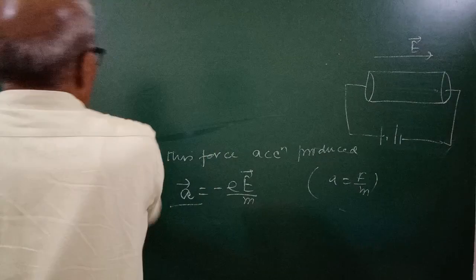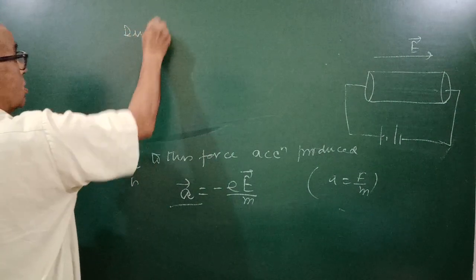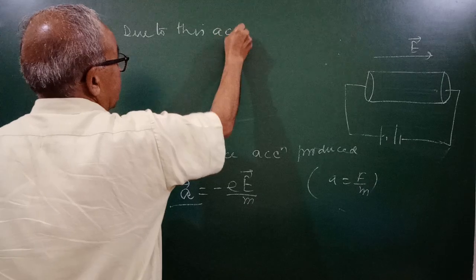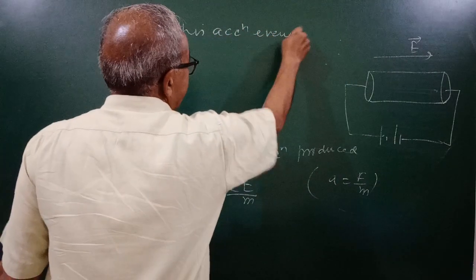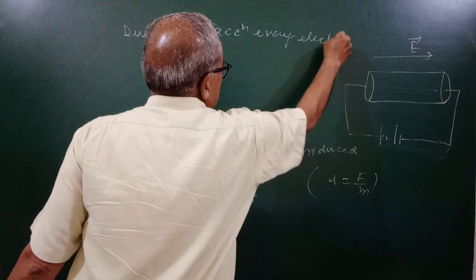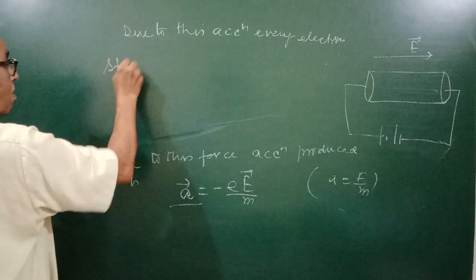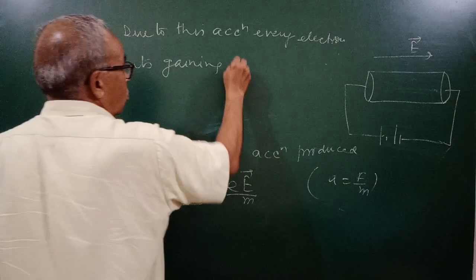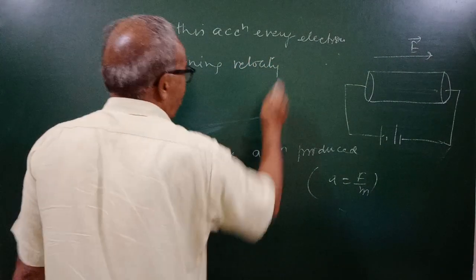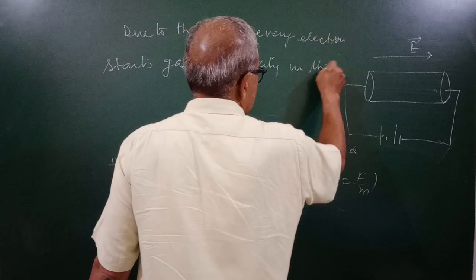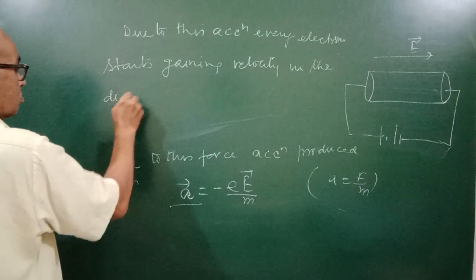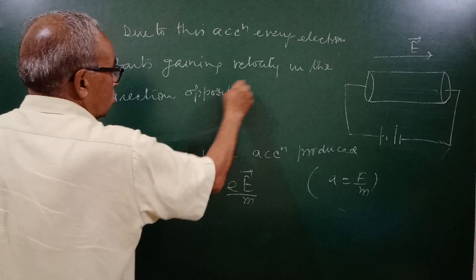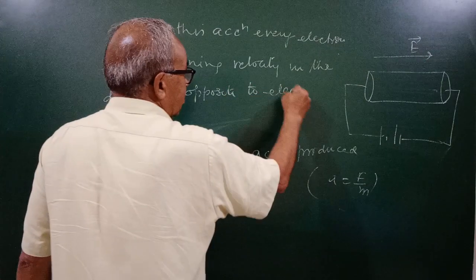So you can say here, due to this acceleration, every electron starts gaining velocity in the direction opposite to the electric field.